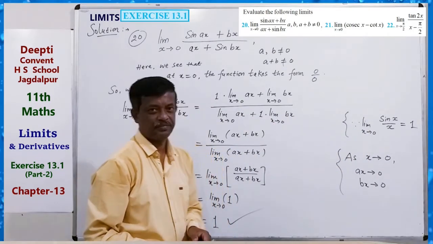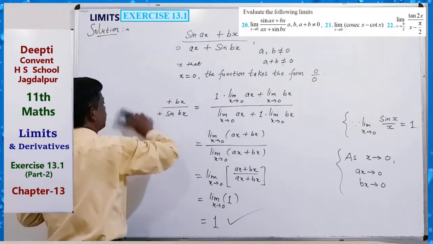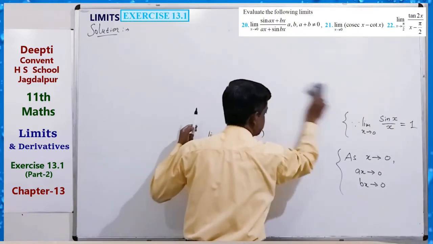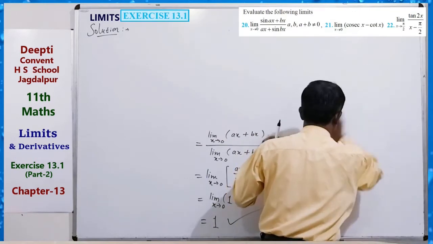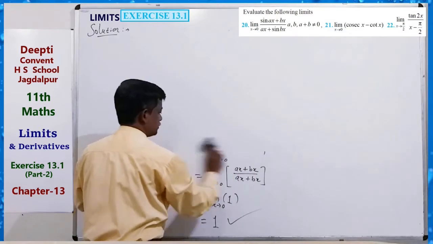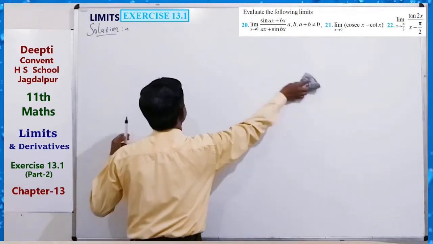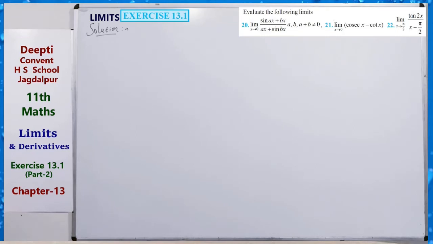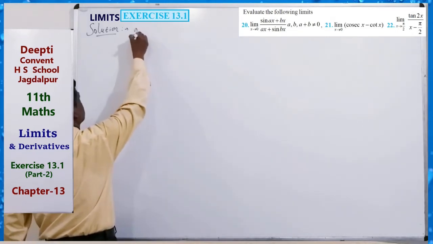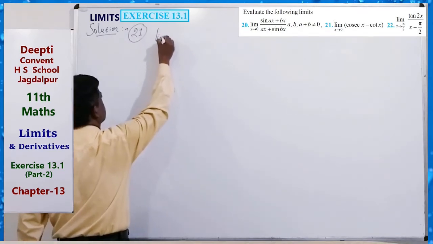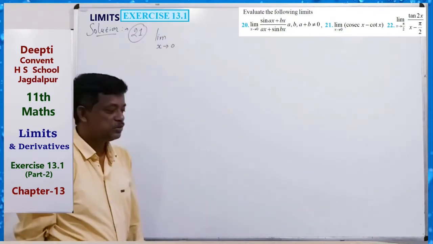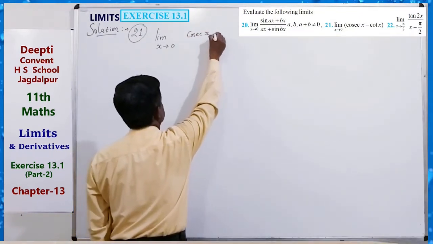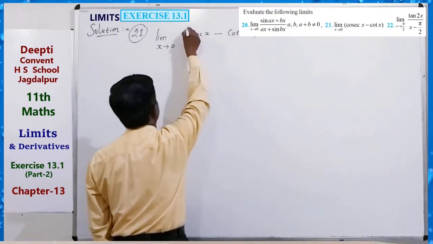Now question 21. Limit x tending to 0 of cosec x minus cot x.